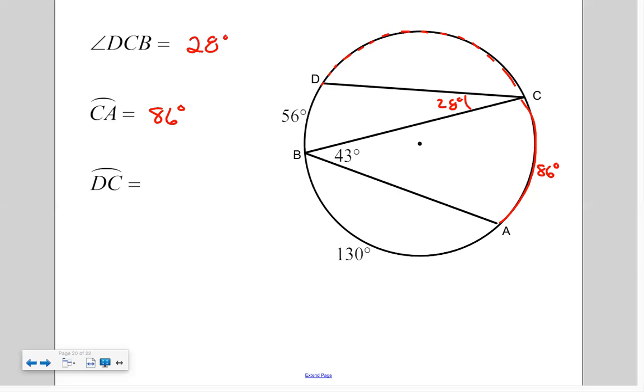So if we take 360 and subtract those three measurements, we get 88 degrees. And again, we just need to know that that makes up all 360 degrees of our circle.